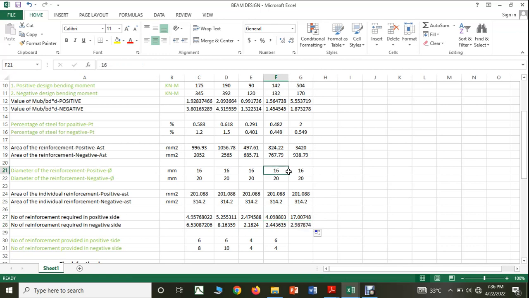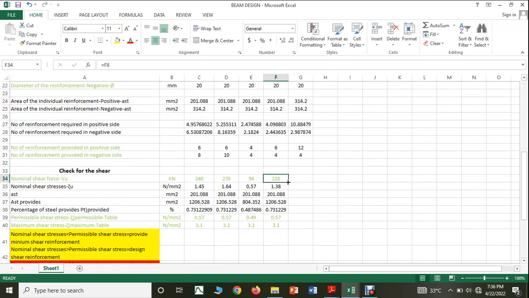Even if I change this to 20, you are going to get almost 10 numbers. So very difficult to provide. Let us see what to do when I go for the final reinforcement and detailing. So let us give 12 numbers and here 4 numbers.